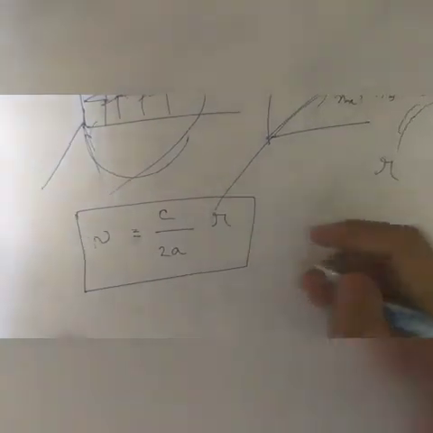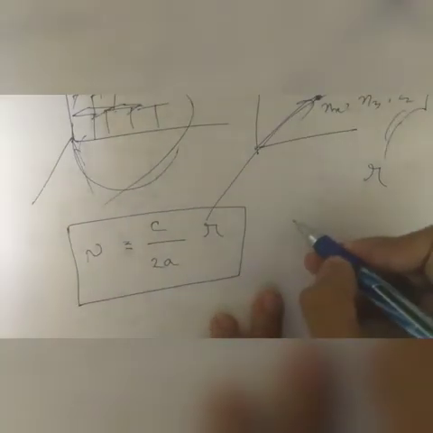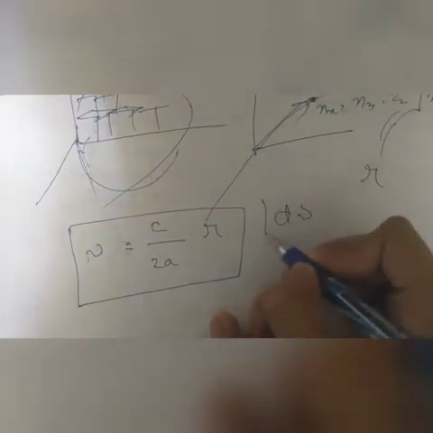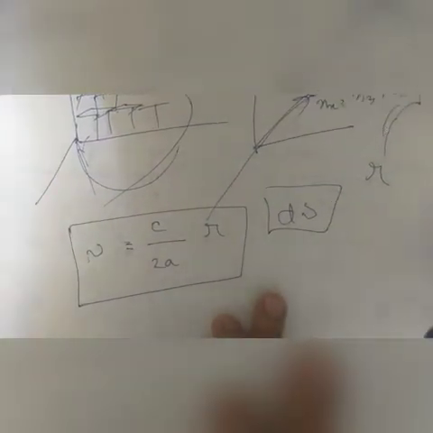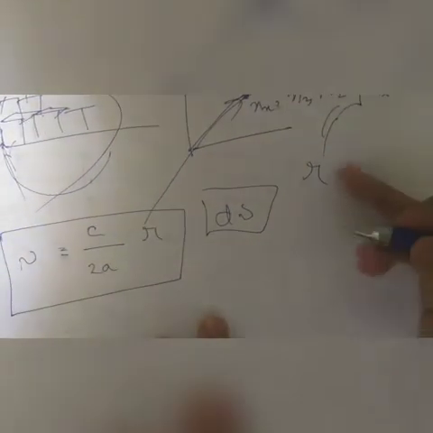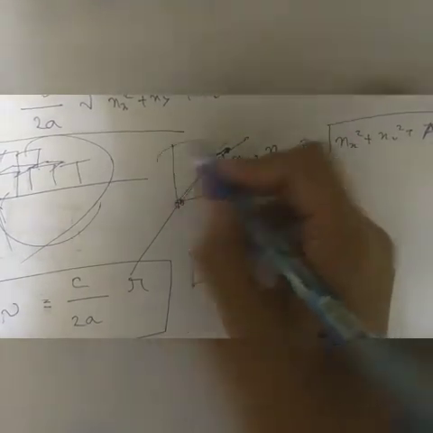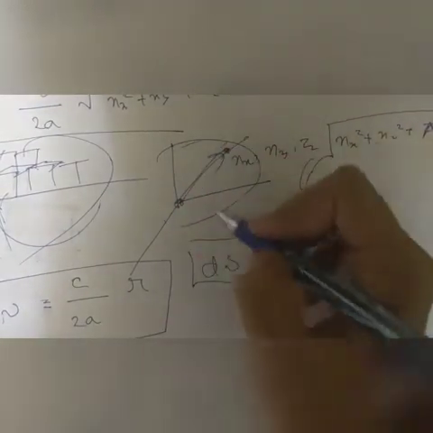From simple mathematics we can calculate the number that lies in this frequency interval d nu. The cubes are going out in all directions.